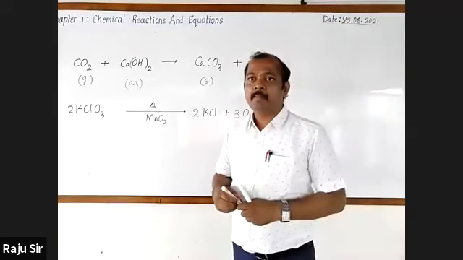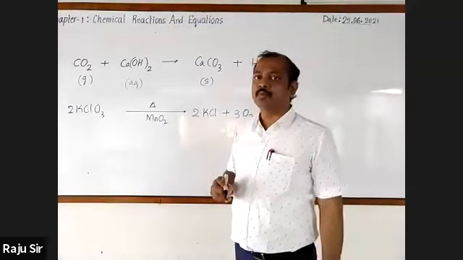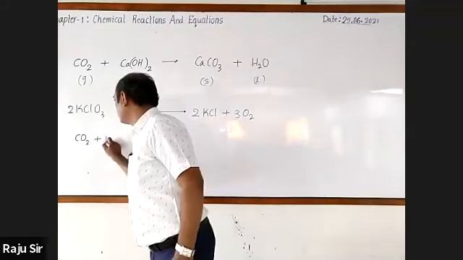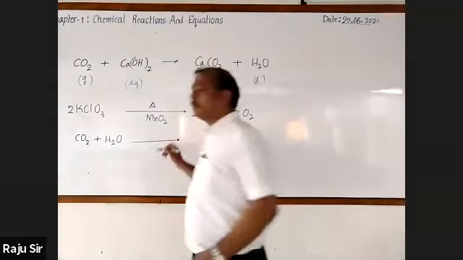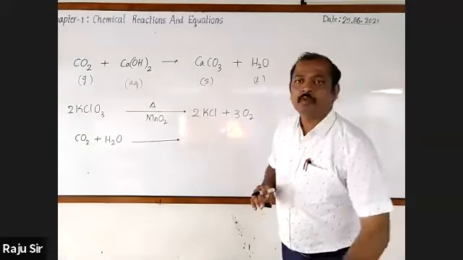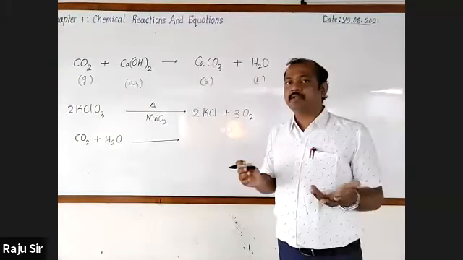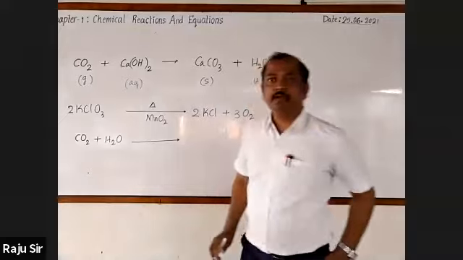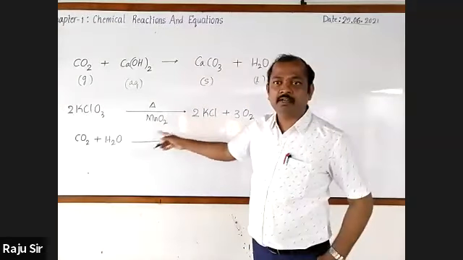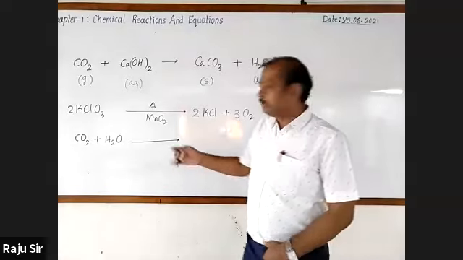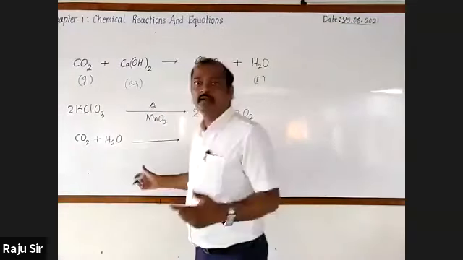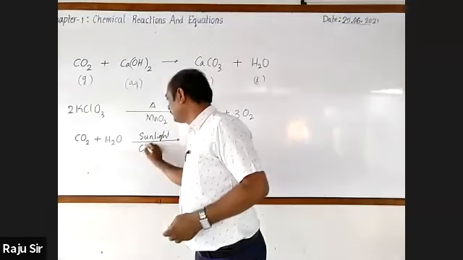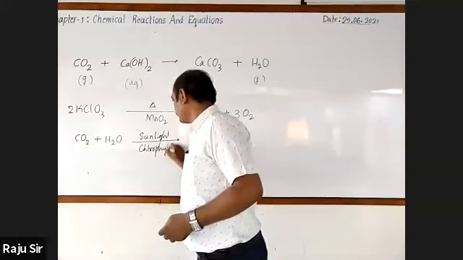Let me take another chemical equation which is most familiar to you. This is carbon dioxide plus water. You are all very familiar with the process called photosynthesis. Plants can prepare food on their own, is it not? They use carbon dioxide and water. Under what condition are the products formed? Sunlight, sir. These two undergo a chemical reaction in the presence of sunlight and chlorophyll.